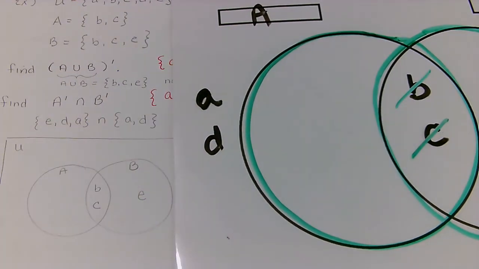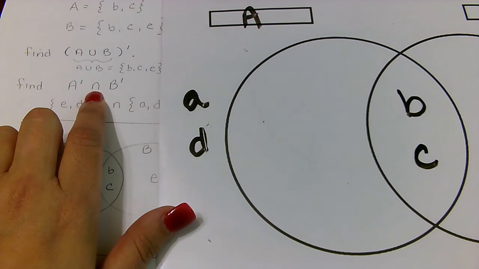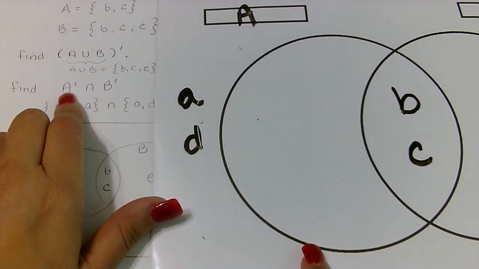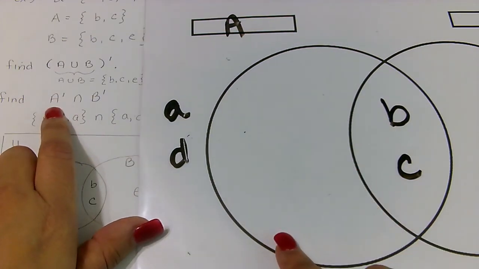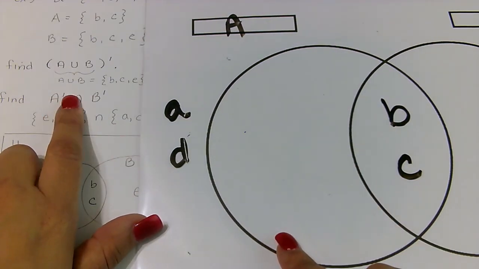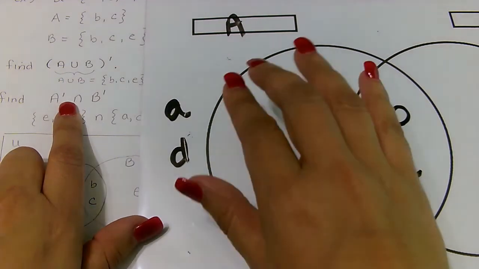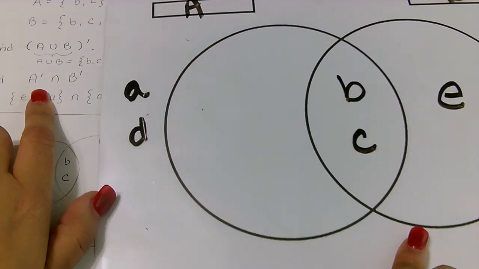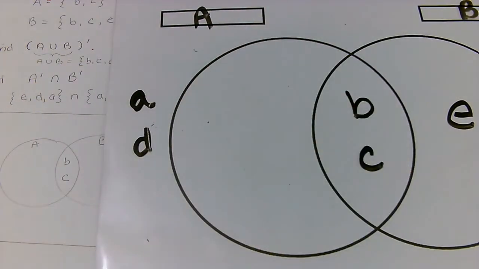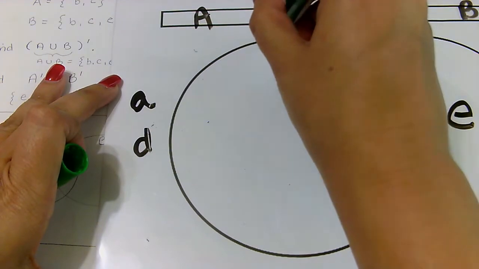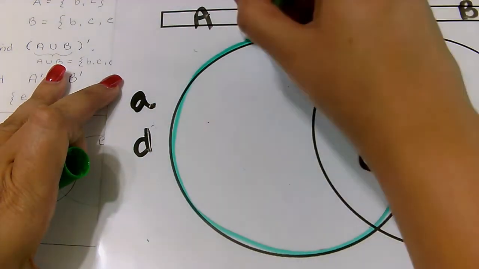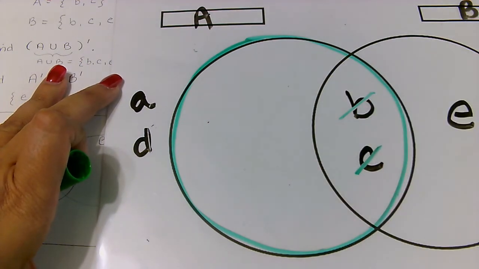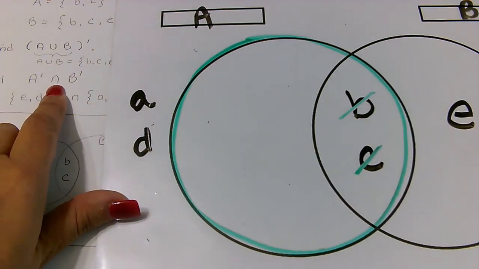Now let's look at the next one. Here it has that and statement, so that means we want both. It says A not, or the complement of A. So in other words, we're not looking for A, we're looking for everything outside of A. So I'm going to circle this part here, and I'm not looking for A, so I'm going to scratch those off. Then it says the word and.